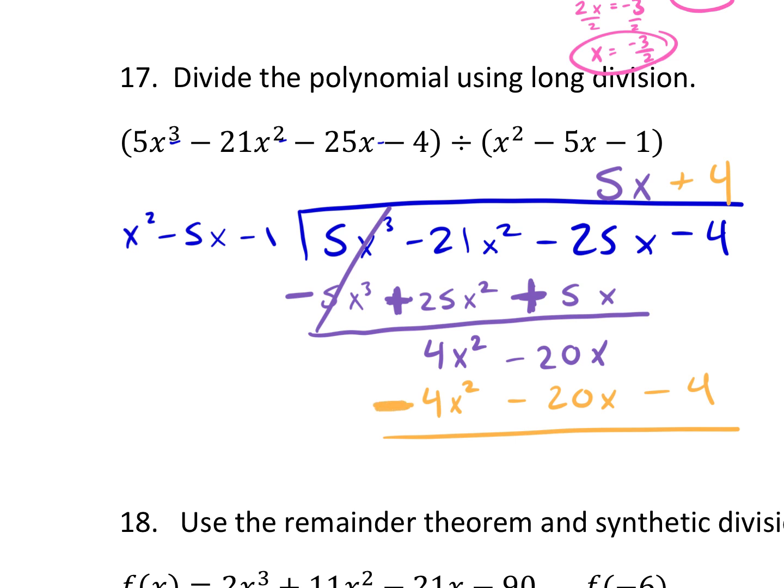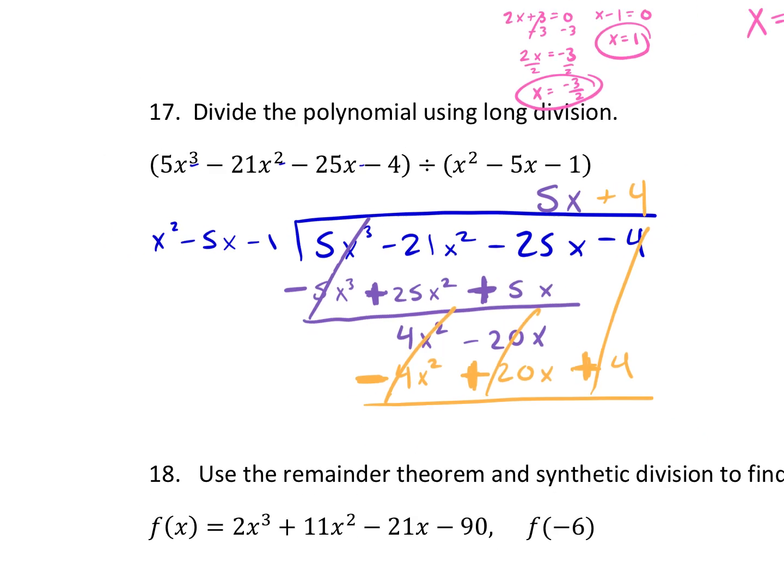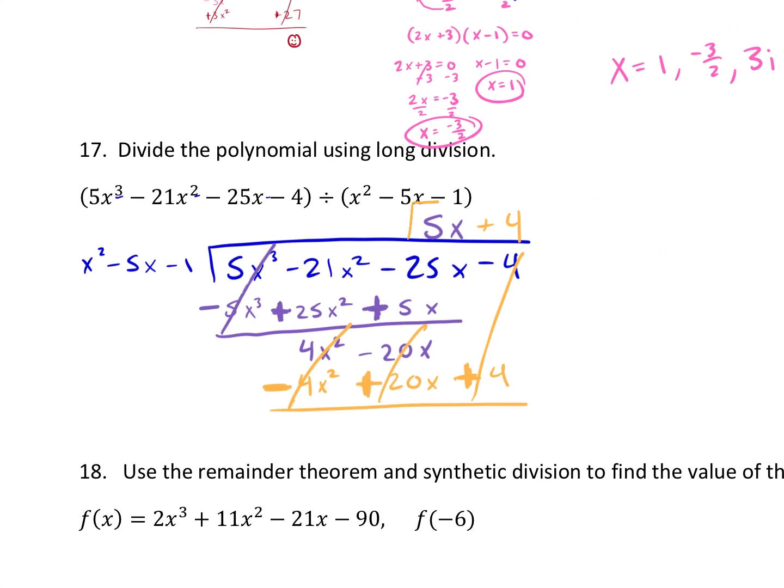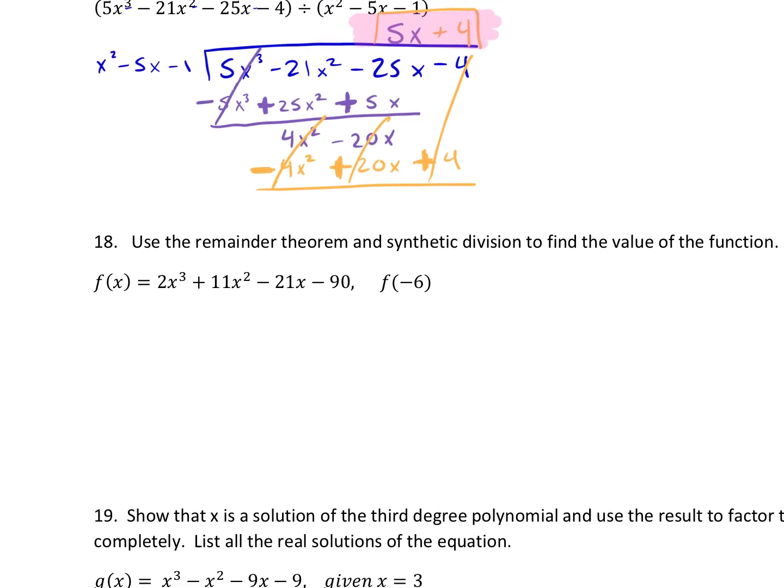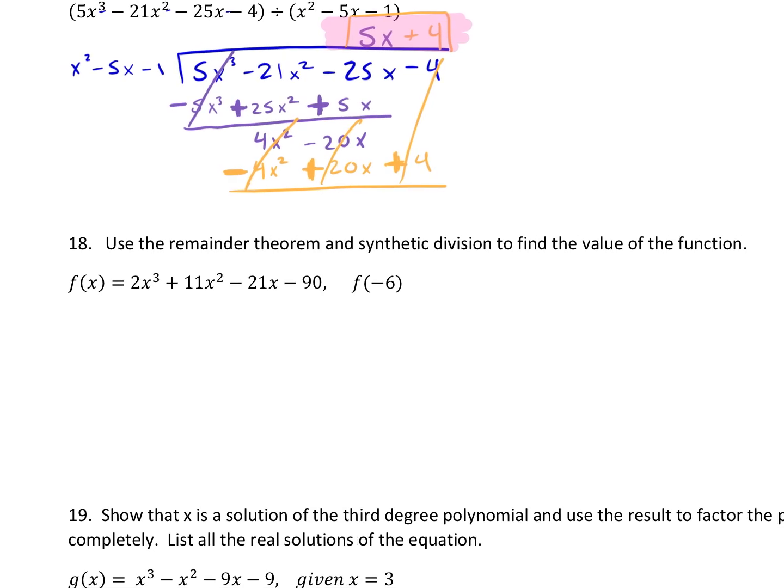Then we change the sign, change the sign, change the sign, and combine. So the 4x squareds cancel, 20x's cancel, and the 4x's cancel also. So when I divided, I'm just left with 5x plus 4. That's my answer, with no remainder.